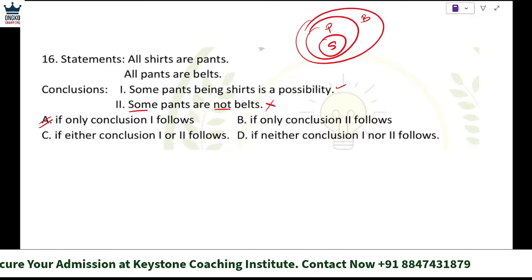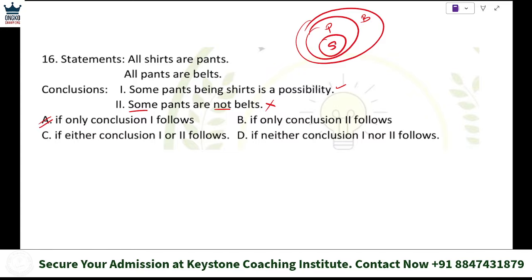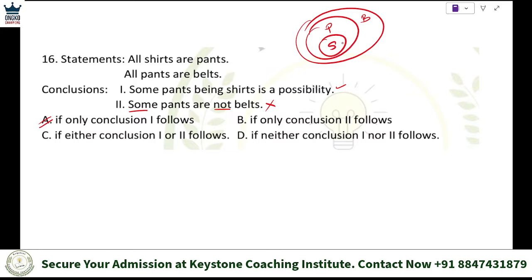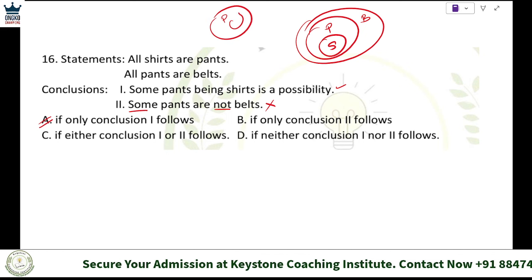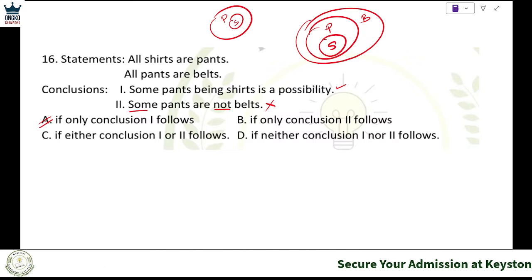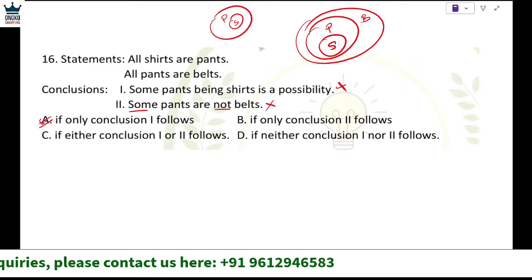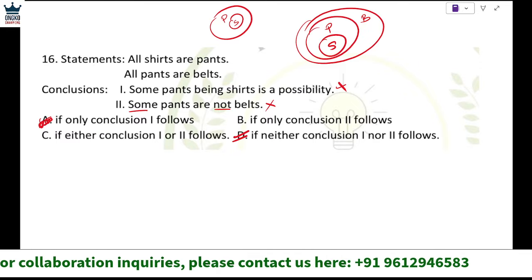Make a Venn diagram: shirt inside pen, pen inside belt. Some bands being shirt: some part of bands already belongs to shirt. It is a repetition word, so it will be false. Neither one nor two follows.